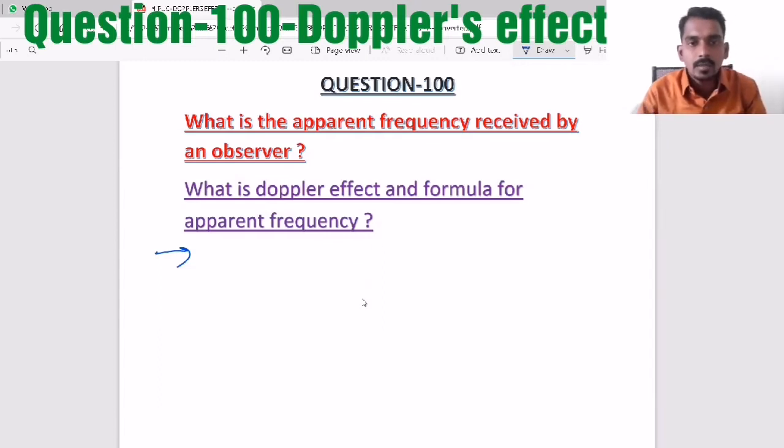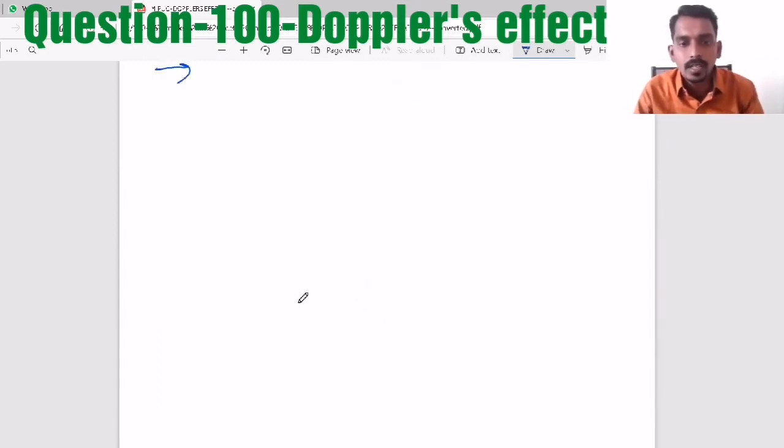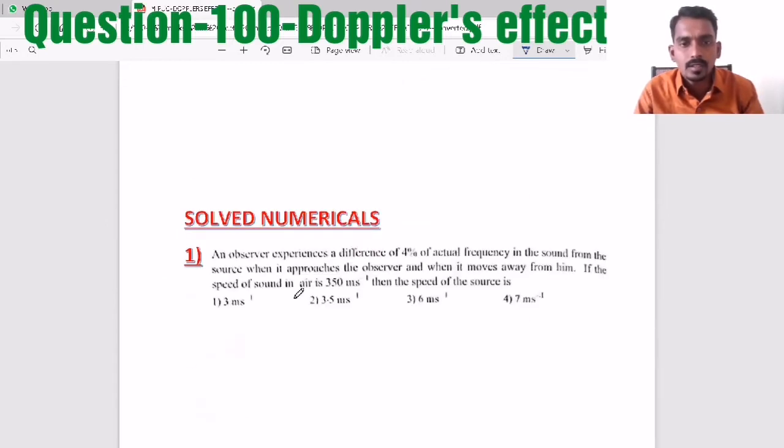So here we discuss the Doppler effect. What is the apparent frequency received by an observer?